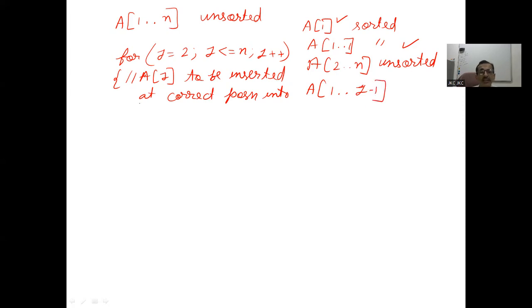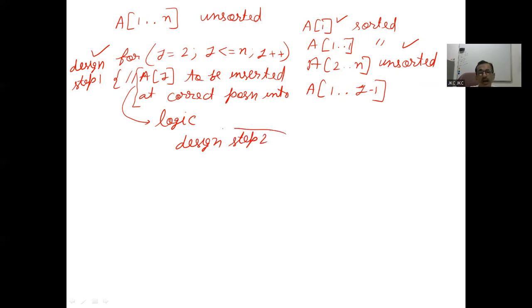So effectively, now I have to write the logic for this. When I write the logic for this, this is exactly what is called a design aspect. So I decided design step 1 that I have to do this for n number of times or n minus 1 number of times. And then I will say design step 2, I have to decide the logic for the other one.